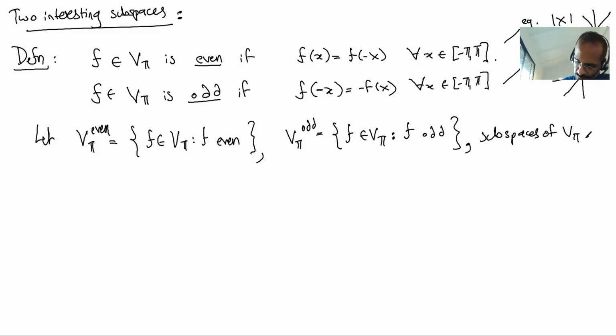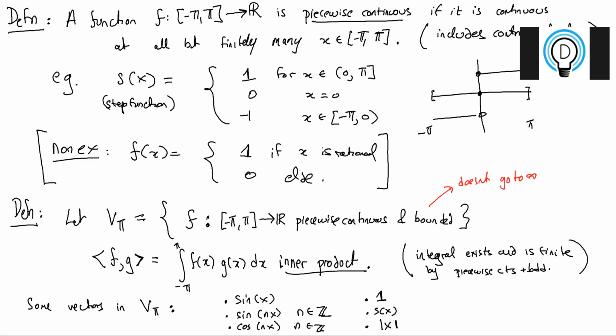By the way, anybody have an idea what the dimension of V_pi is? Is it infinite? It's infinite, yeah. Why is it infinite? Because there's an infinite number of linearly independent functions that satisfy that definition. That's right. For example?